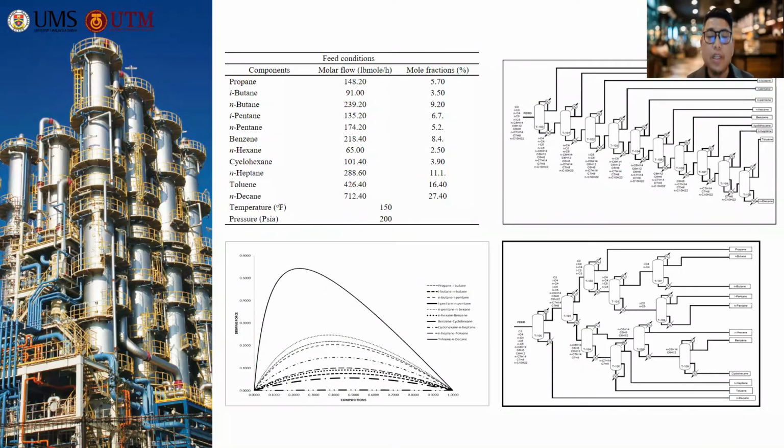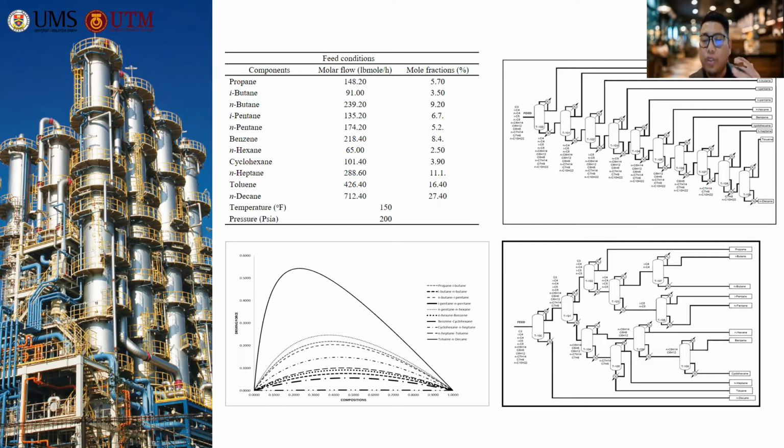The idea is basically like this. For example, we have a list of hydrocarbon components, which has an existing sequence, usually a direct sequence. In this kind of research, they reconstruct the sequence into a driving force sequence, or energy efficient distillation column sequence, by constructing a driving force curve for individual splitting of the components.